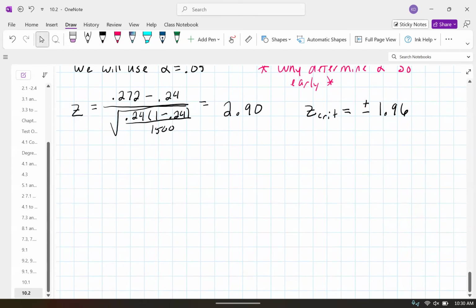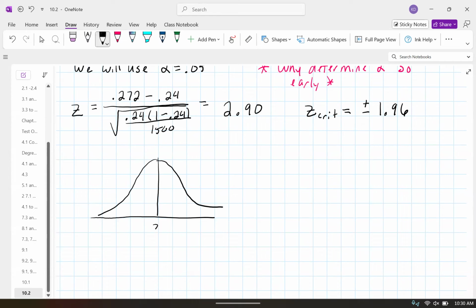So let's translate this. When I drew these, oh, that's really bad, not symmetric, that's okay. I would always do, here's my Z equals 0.